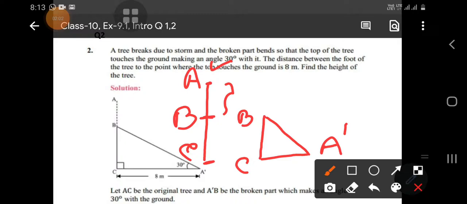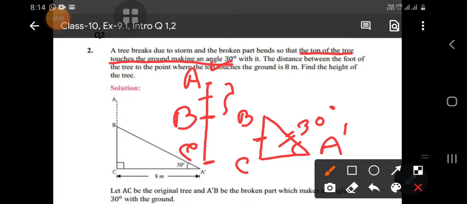Now this is the portion of the tree which is still standing, and BA dash is also part of the broken portion. Now it is given that the top of the tree touches the ground and makes an angle of 30 degrees. Now this portion makes an angle of 30 degrees.